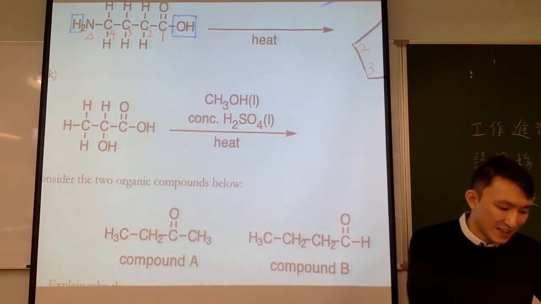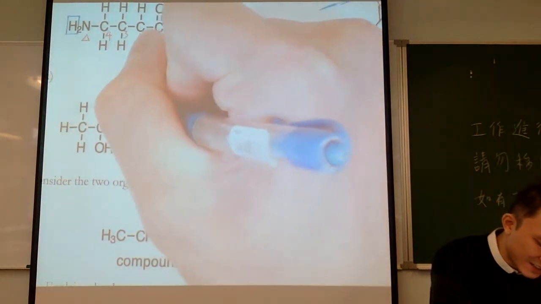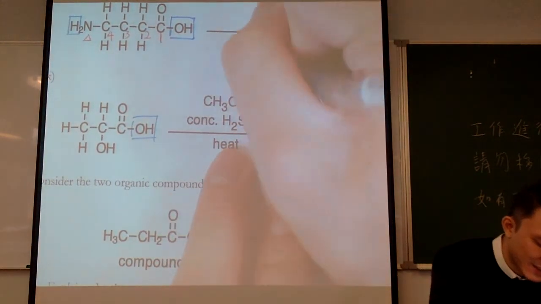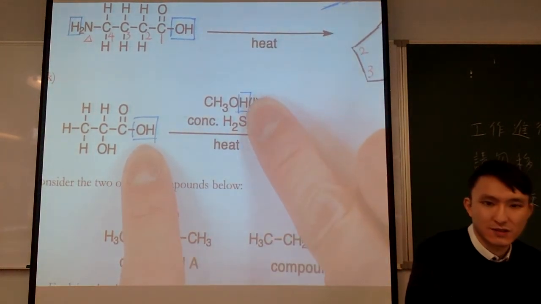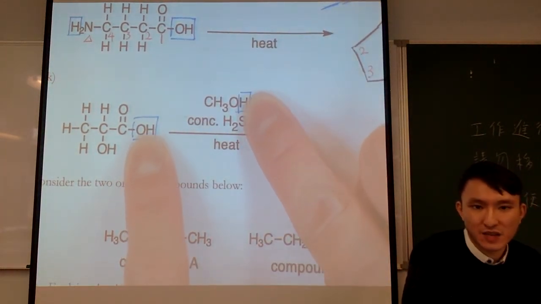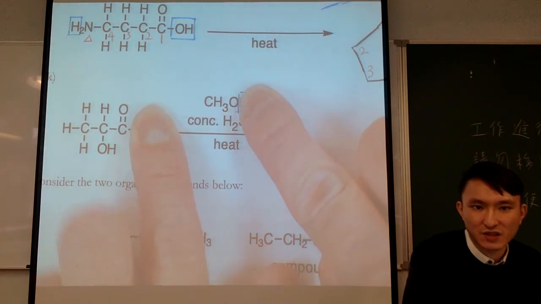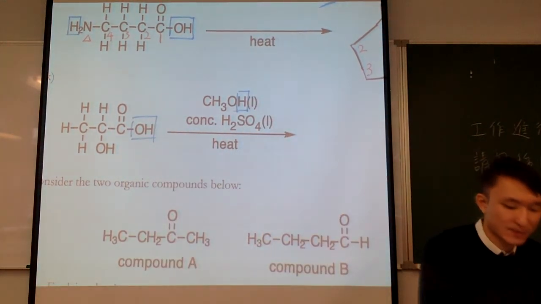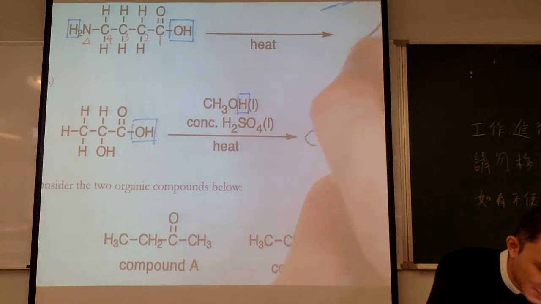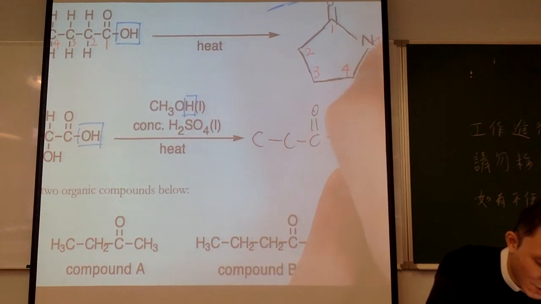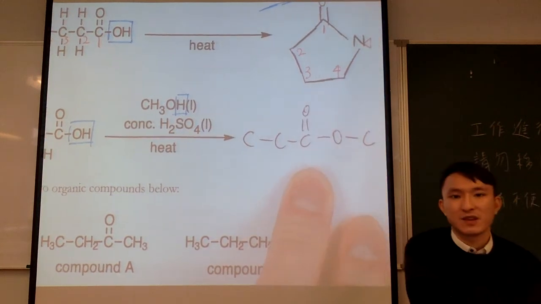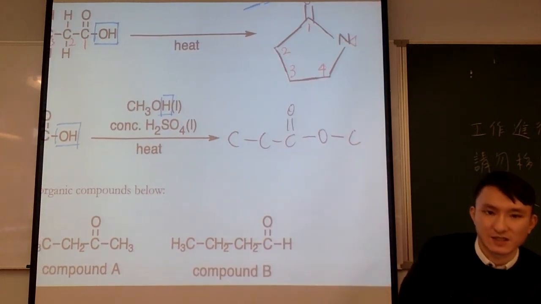So you have again the carboxylic acid providing OH, the alcohol providing the H. These three atoms form water, and then the oxygen joins to the carbon here. So you may expect to see C, C, C, double bond O, and then O, C. You should expect to see something like this.